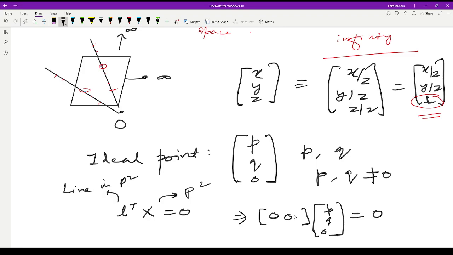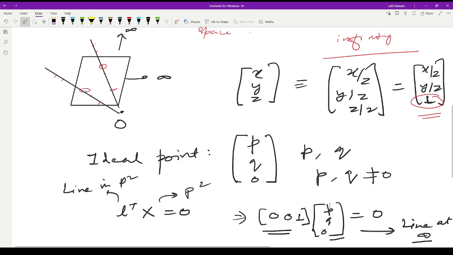Yeah, any scale factor will also be possible, but we take it as 1. So 0 0 1 will always satisfy this ideal point. So all the set of ideal points will satisfy this line, 0, 0, 1. So if we include P, Q, 0 such that both P and Q are not equal to 0 together, the set of all these points lie on this line at infinity.